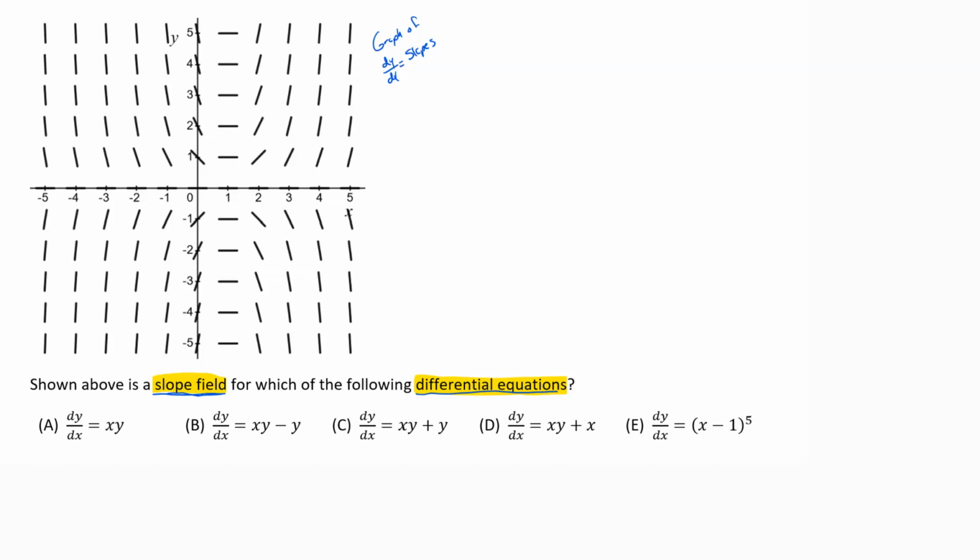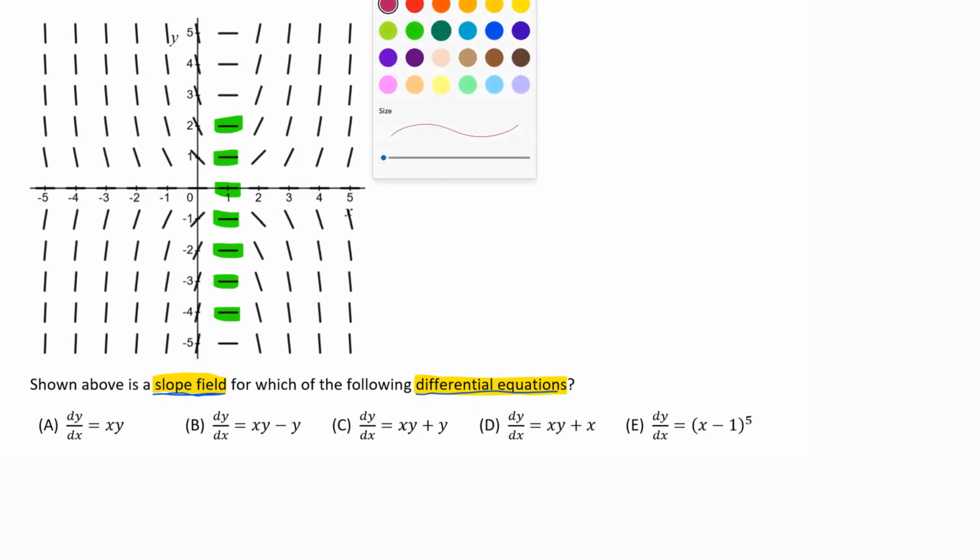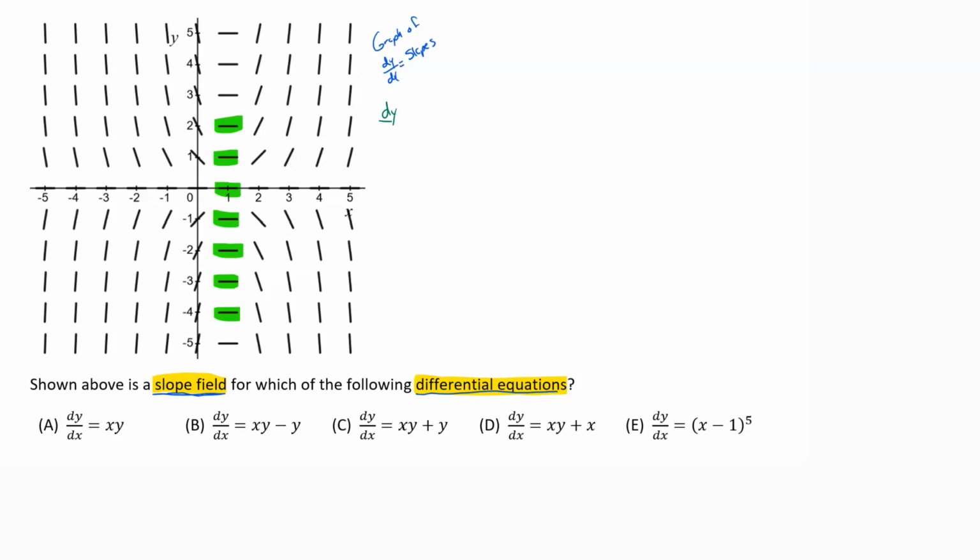So what points do I want to use? Well, the best points to use are going to be these points that have horizontal tangent lines. These are horizontal slopes. Remember, we're reading the slope off of those. And anything that's horizontal, I know what the slope value is there. That's dy dx equals 0.